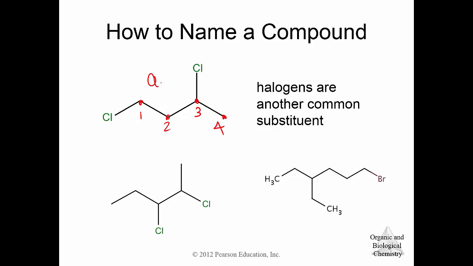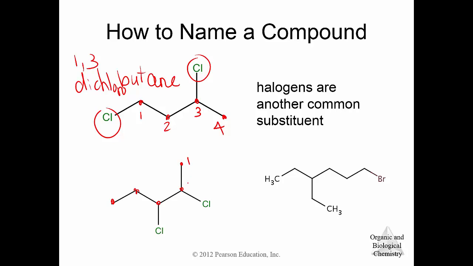So it's an alkane. It's got 4 carbons, so it's butane. And it's got 2 chlorines coming off of it, so it's dichloro. Those chlorines are coming off of the 1st and 3rd carbon. So it's 1,3-dichlorobutane.